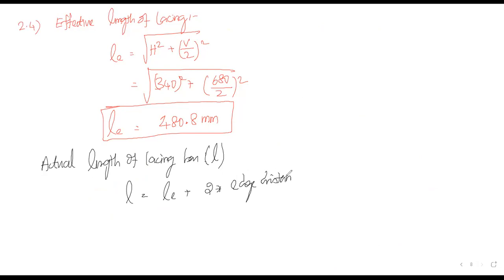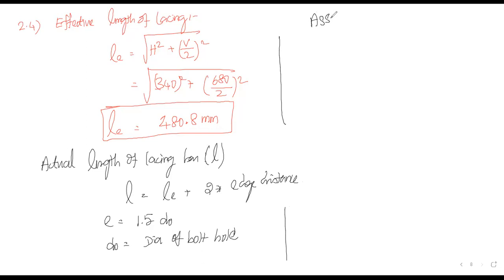Edge distance. For the edge distance, we know that the formula is 1.5 times D naught. This D naught is nothing but the dia of bolt hole. So how should I calculate? Assume the dia of bolt used is equal to 20 mm.